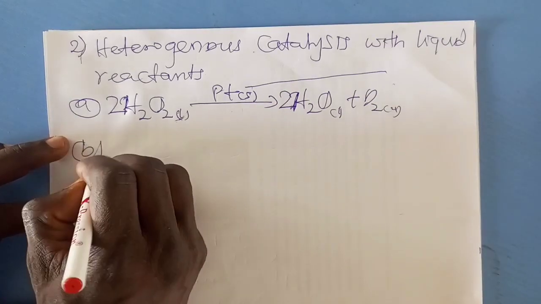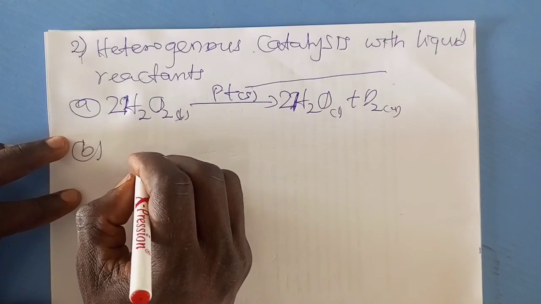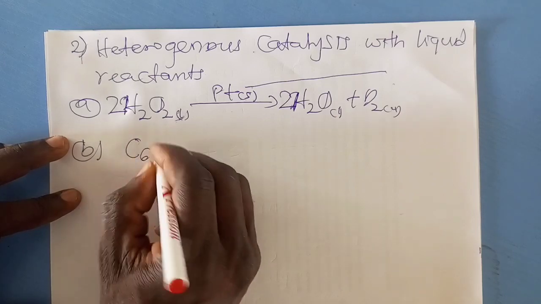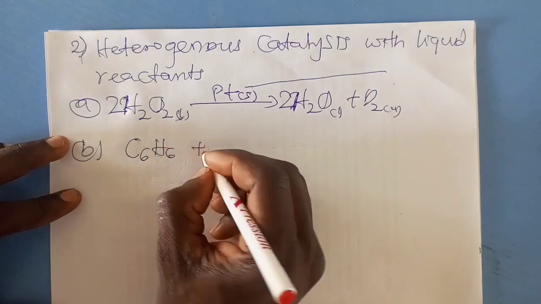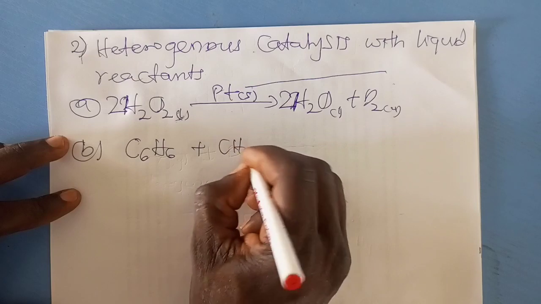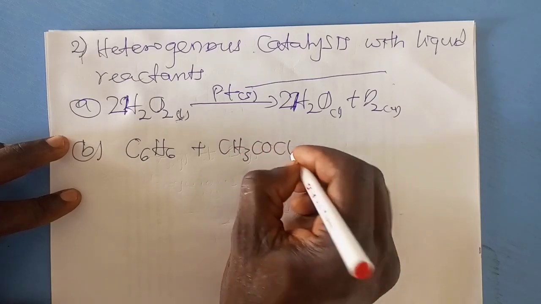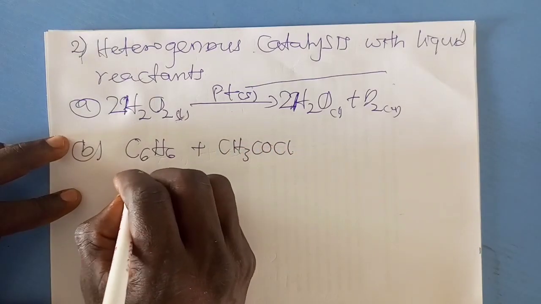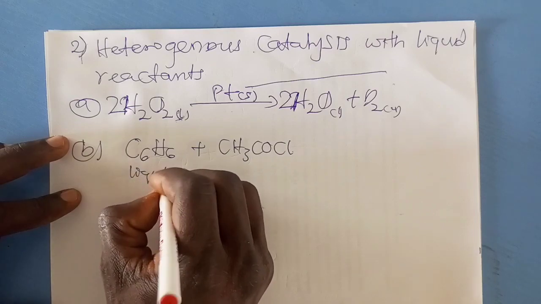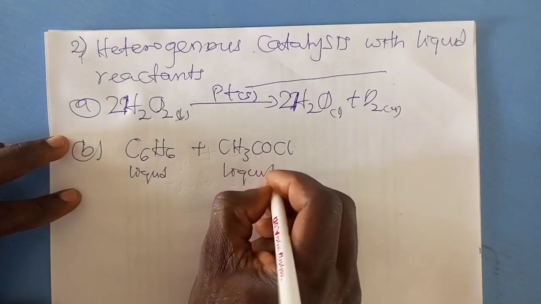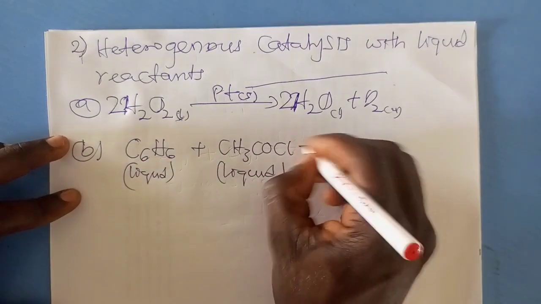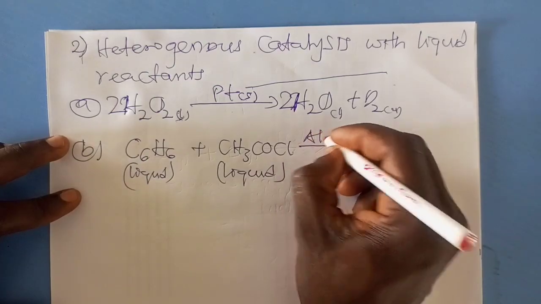So another example I will give to you is the reaction between liquid benzene and ethanoic chloride, CH3COCl. Liquid benzene, and this is liquid. This is also liquid, and it's catalyzed by aluminum chloride.